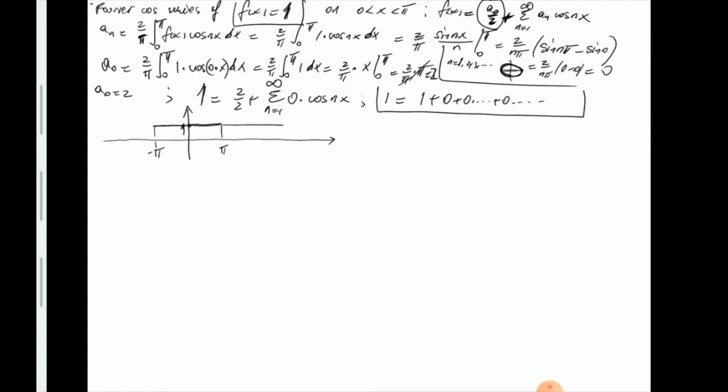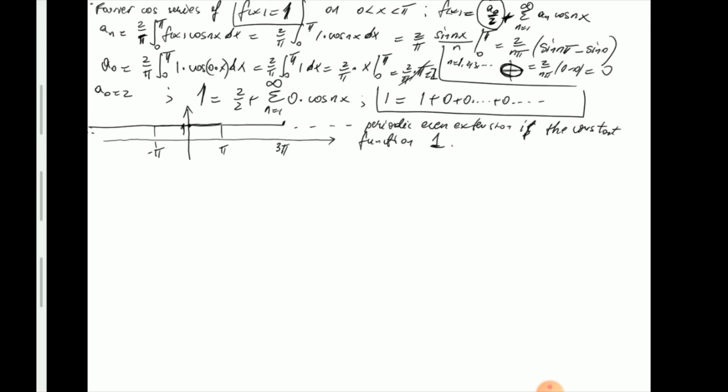And then when you extend this over other intervals of length 2 pi, well, it's still the same constant function equal to 1. So the periodic even extension is going to be the constant function 1. So of course all the other coefficients will be 0 for cosine because the first term essentially is identical to the function.